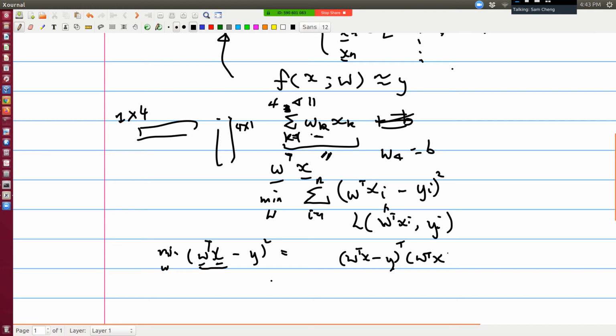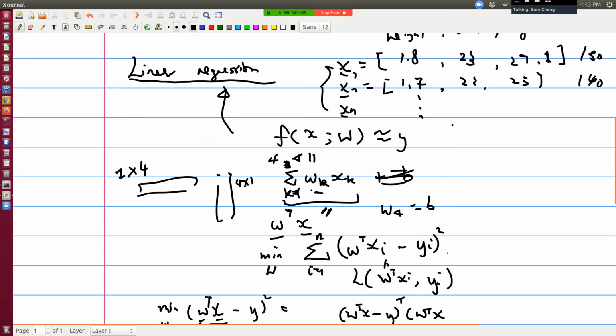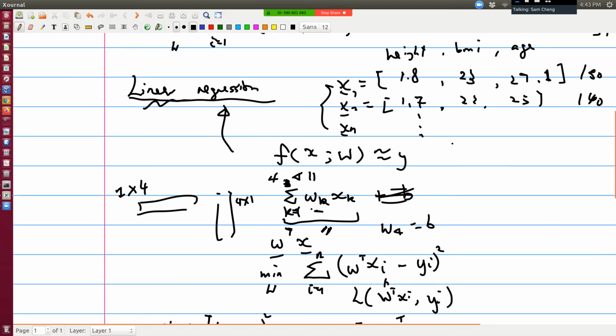W is the parameters. We have a linear regression model here, and to be more precise, a linear regression model is specified by something like this. For an input x, the output will be just w transpose multiplied by x. Of course, it can lose flexibility, depending on what kind of w you have, and therefore on what kind of data you have.